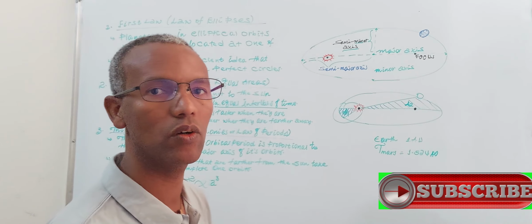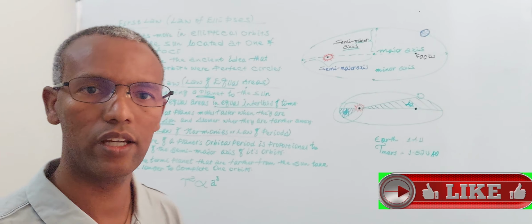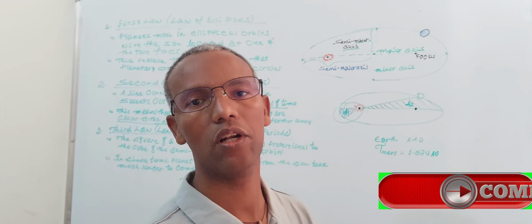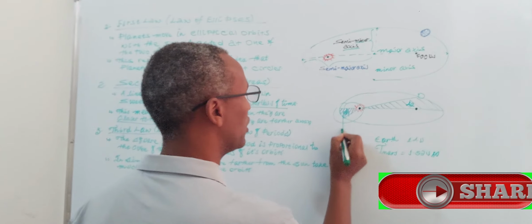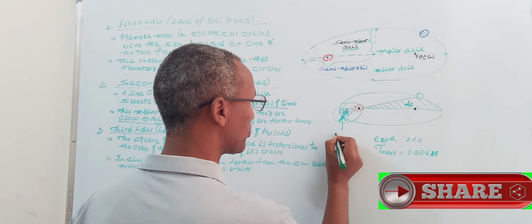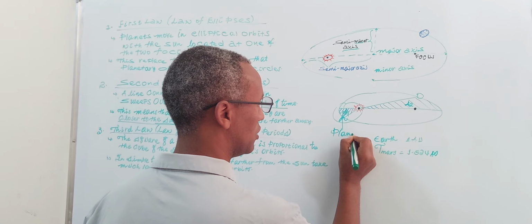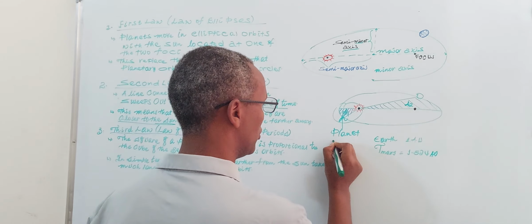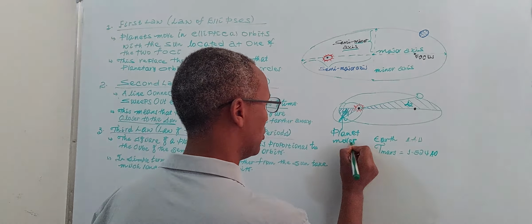Okay, that is basically the Kepler second law, or law of equal area. At this point, between the sun and the planet, the planet moves faster.